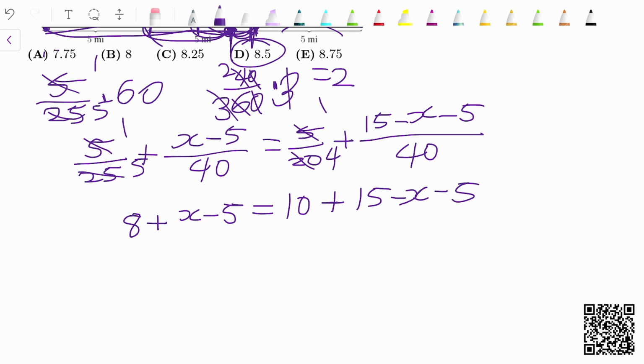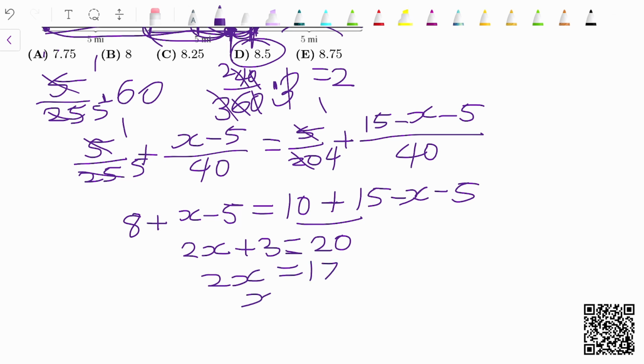Now that we have this equation, we can do a little switcherooing. Crossing this x to the other side, we get 2x plus 3 is equivalent to 25 minus 5, that's just 20. Minus 3 on both sides, 2x is equivalent to 17, so x is equivalent to 8.5, dividing both sides by 2.